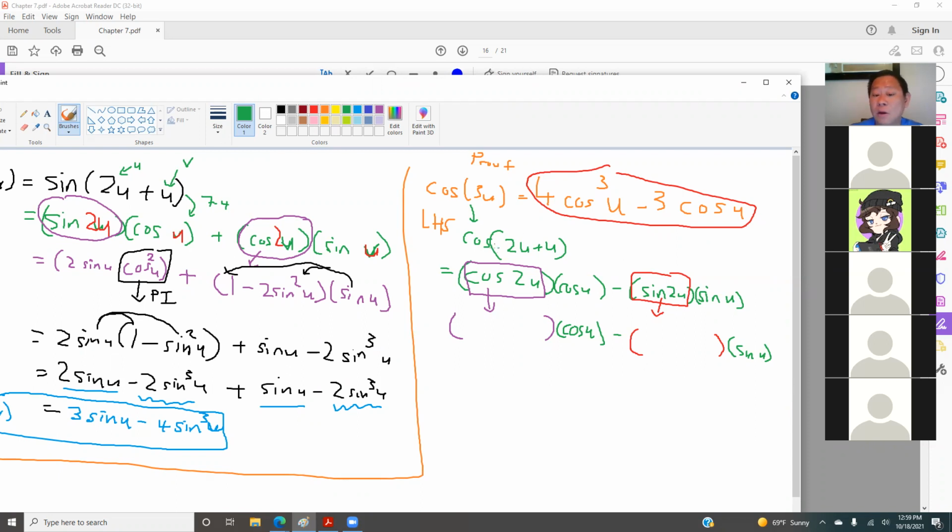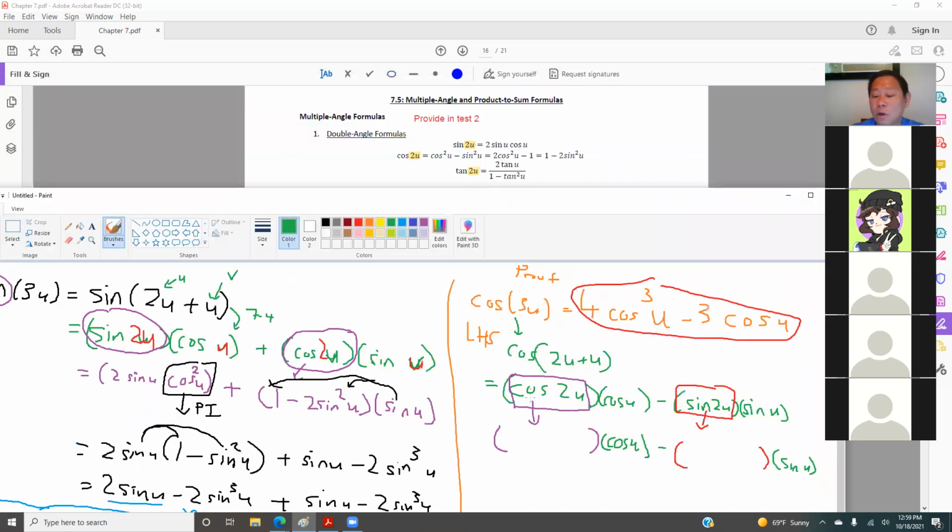Again, our proof is on the left-hand side here, not the right-hand side. So this, you use 7.4, cos minus sin, because it's a cosine u plus v. The next thing we're going to apply here is this formula. The cosine 2u and the sine 2u are double angles, so we can use this formula.